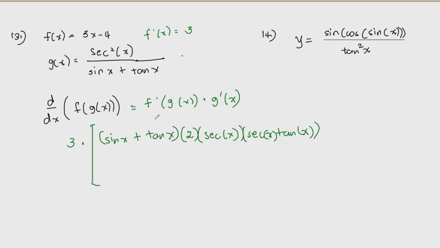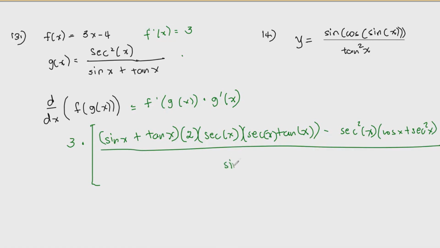So we already have g of x, f prime x, and now we proceed with the second part of our differentiation for the numerator. So we copy the numerator and then the derivative of the denominator. So we get cosine of x plus secant squared x, and then divide that by the square of the denominator.